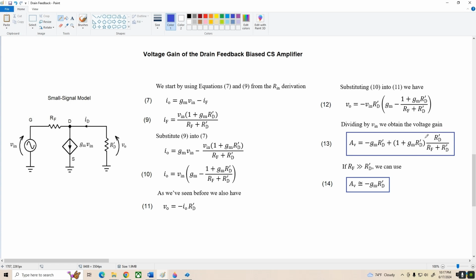Now, fortunately for us, RF is usually very, very large compared to R prime D, so this fraction is going to be a small number, and the error term that we're adding to our normal voltage gain is not very much, so we can approximate the gain as negative GM times R prime D. But if for some reason you have a low value of RF, then you might have to go back and use this equation. And there may be times when it would be advantageous for us to have it in this form, but most of the time this is what you're going to see.